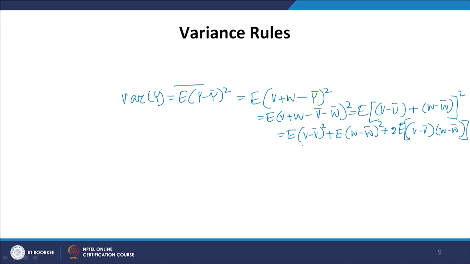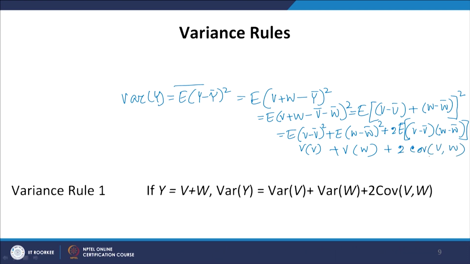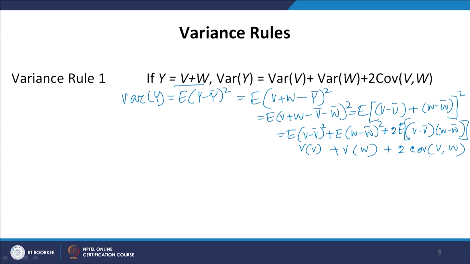So, this is variance of v, this is variance of w, and this is 2 covariance between v and w, right. So, that is how we have this variance rule 1 proved, that if y equals v plus w, then variance of y equals variance of v plus variance of w plus 2 covariance v w.